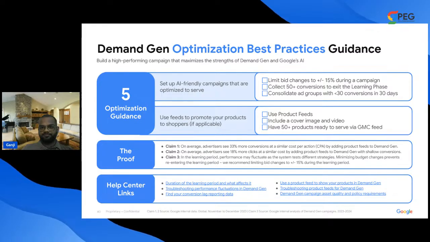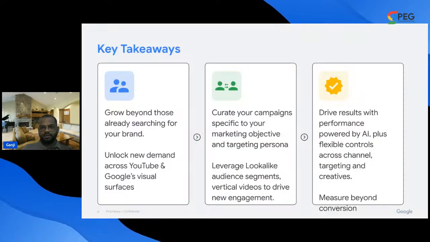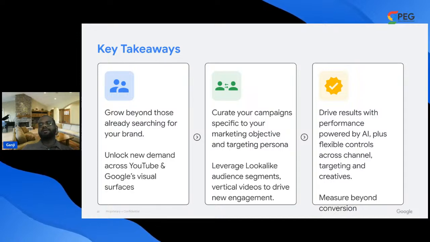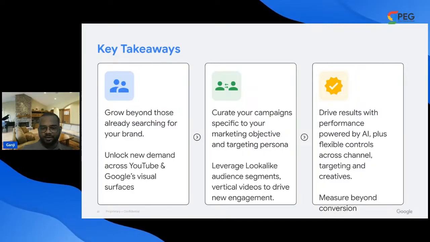Now let's discuss the important key takeaways that we all should remember from this demand gen session. To summarize our key learnings, remember to grow beyond those already searching for your brand. Unlock new demand across YouTube and Google visual surfaces.